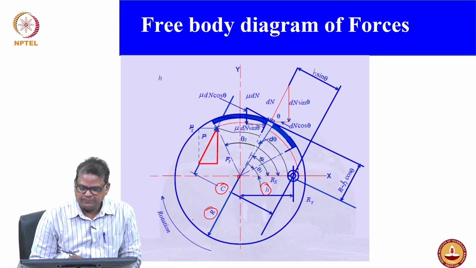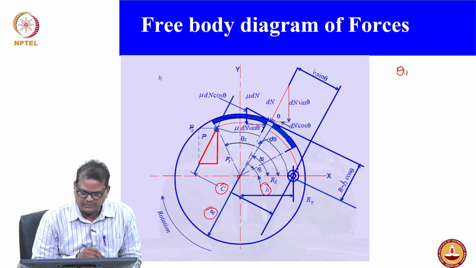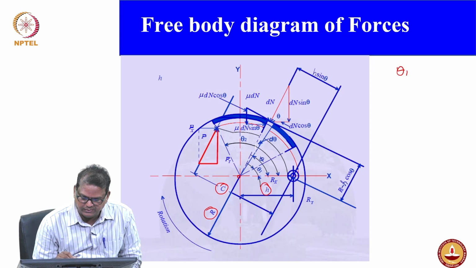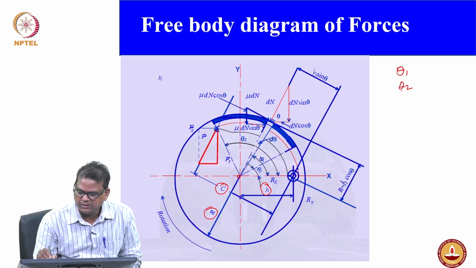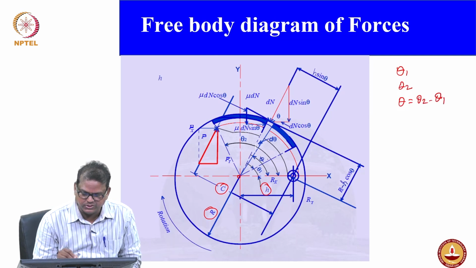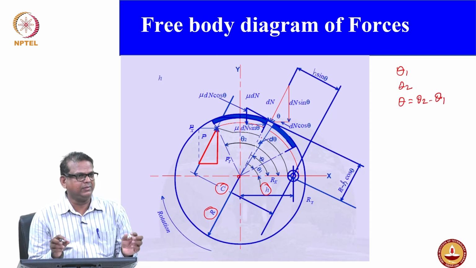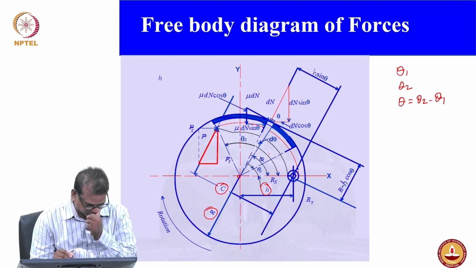From the pivot to where the friction lining starts is theta 1, and where the friction lining ends is theta 2. Then theta would be theta 2 minus theta 1, that is the arc length of the brake lining.